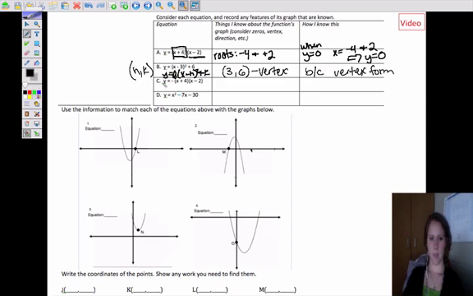Then I'm going to look at letter C, which is again in factored form. So again, I know my zeros or my roots are in this case going to be -4 and +2 again. But another thing I notice here, guys, is that my leading coefficient, just out in front of those parentheses, is a negative.